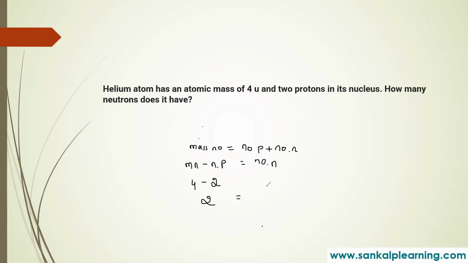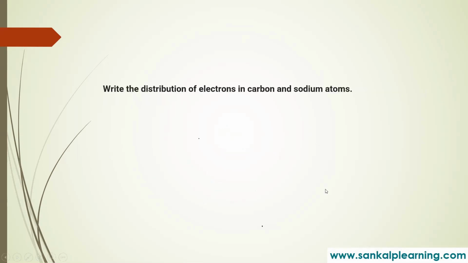That is nothing but the number of neutrons here. Understood? So many questions like this they will ask you to calculate the number of neutrons or number of protons. We need to remember this always. Correct? Next.